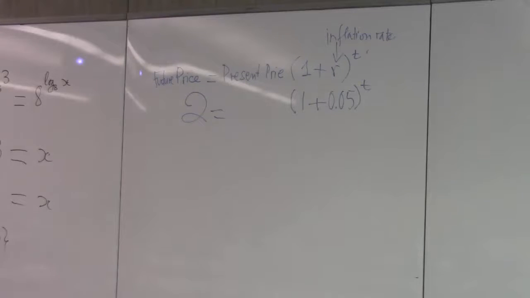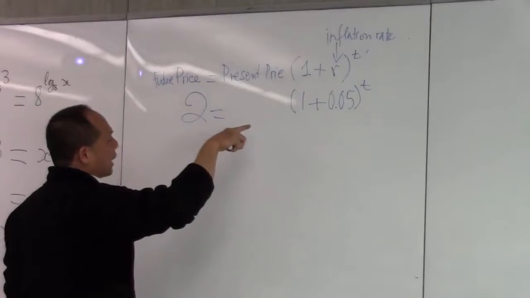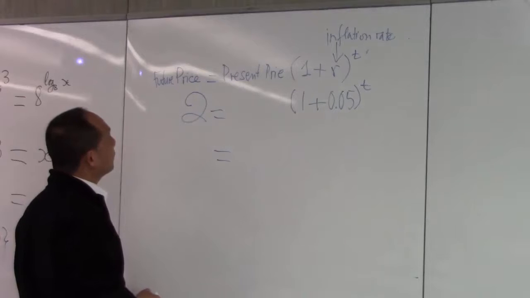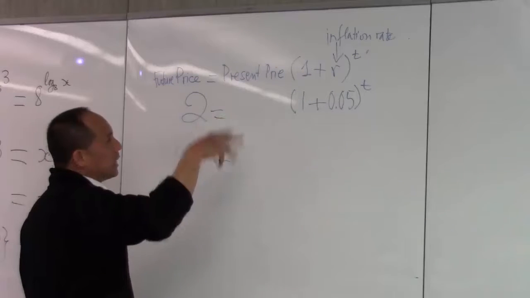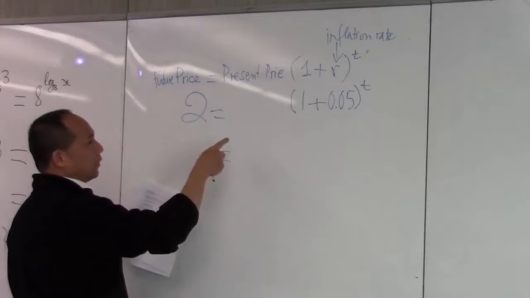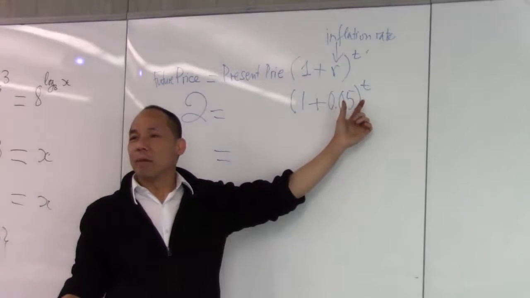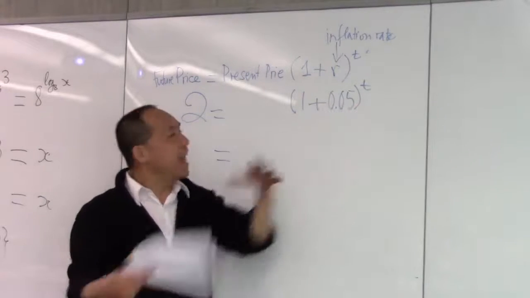And if you use that, because they want the future price to double, you can consider the present price as number 1. And so you use this, that is each year. How do you isolate the t? You isolate the t by using the log. Any log.